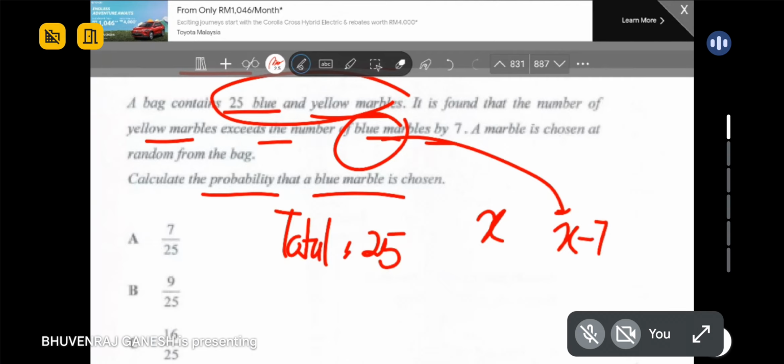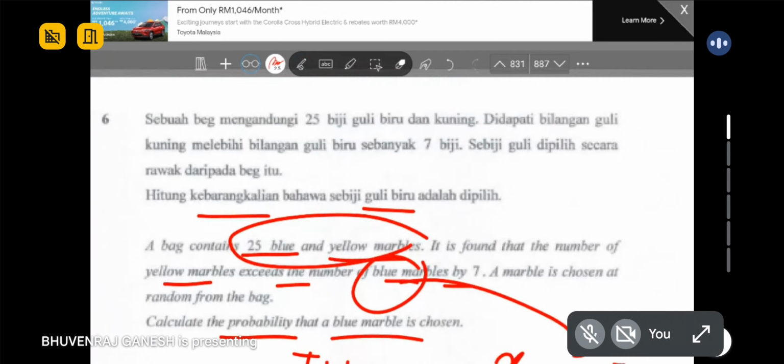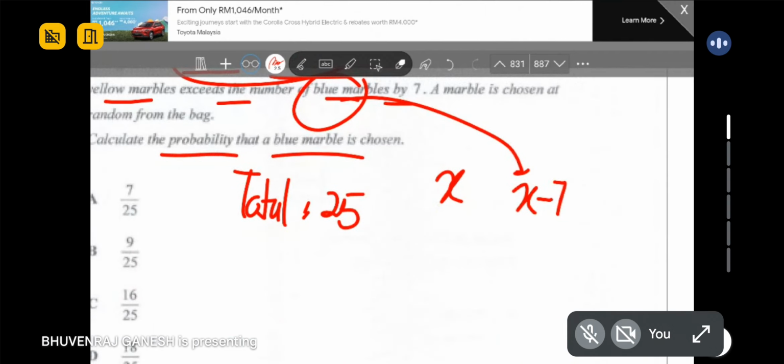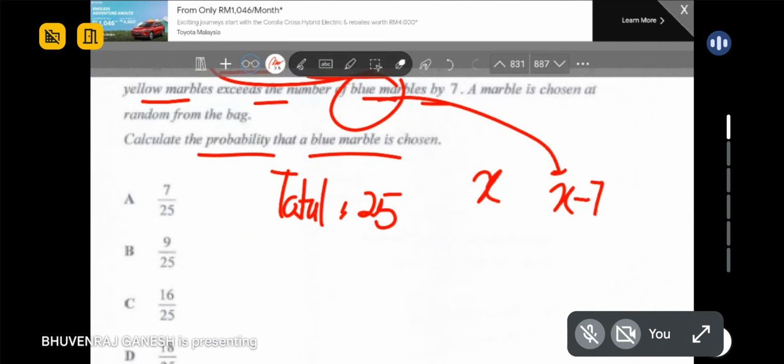Am I right? Okay, because they say X exceeds blue by 7. Okay, X tu melebihi guli biru sebanyak 7. Semacam tu lah. So they say calculate the probability of blue marble. Okay, so jumlah dia kena sama dengan 25 kan? Total must be 25. Correct?